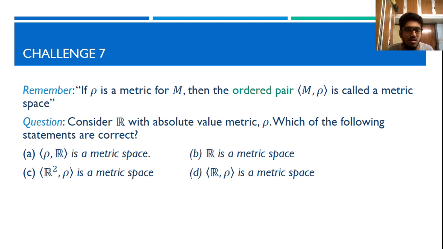Unless we are talking about R with some other metric, we will say R along with the discrete metric has so and so properties. But if we simply say R is a metric space, we are referring to R with the absolute value metric. But by definition, option D is the only right answer.